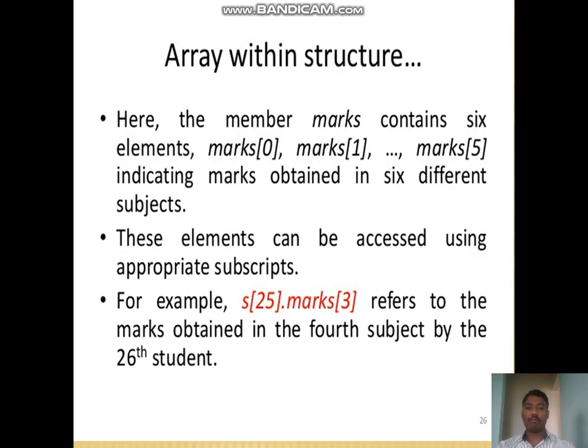Here the member marks contains six elements: marks[0], marks[1] up to marks[5], indicating the marks obtained in six different subjects. These elements can be accessed using the appropriate subscript. For example, s[25].marks[3] refers to the marks obtained in the fourth subject by the 26th student.